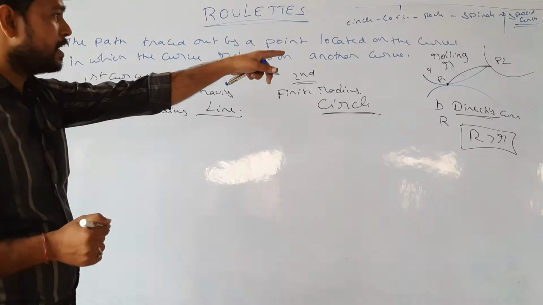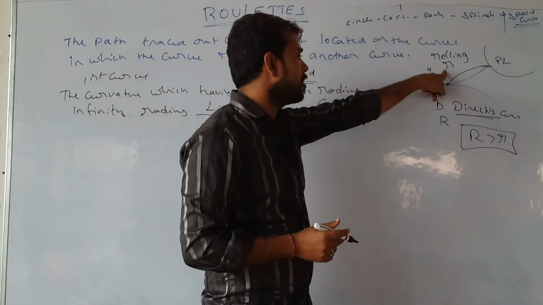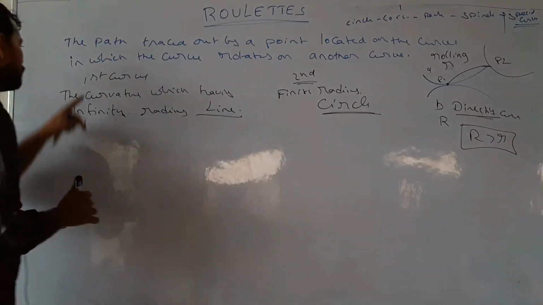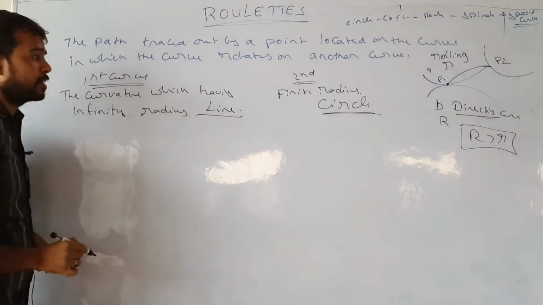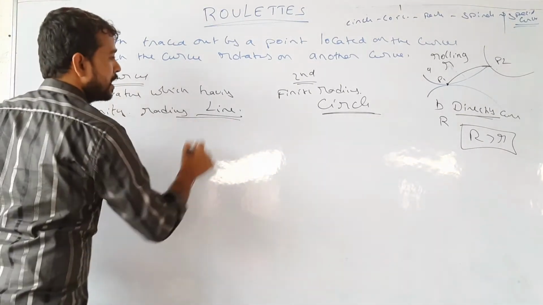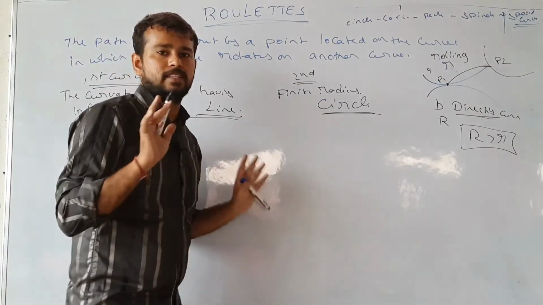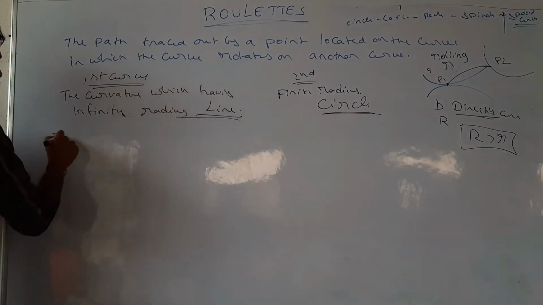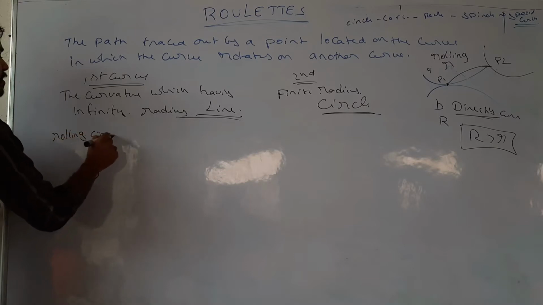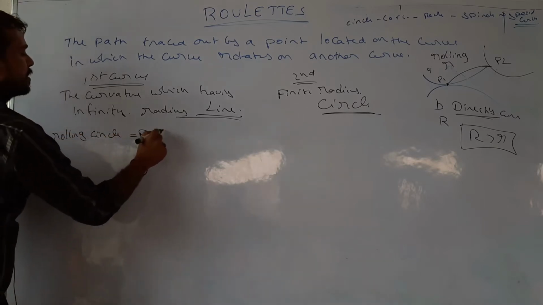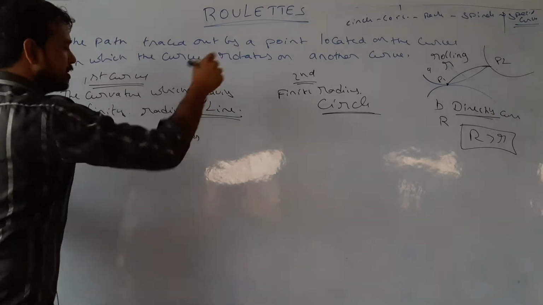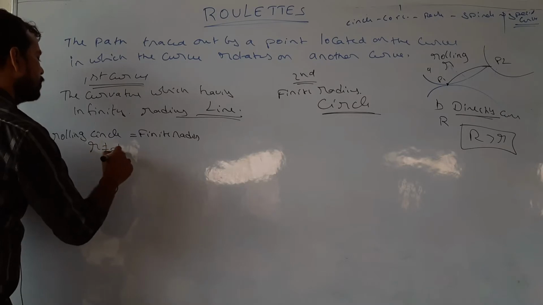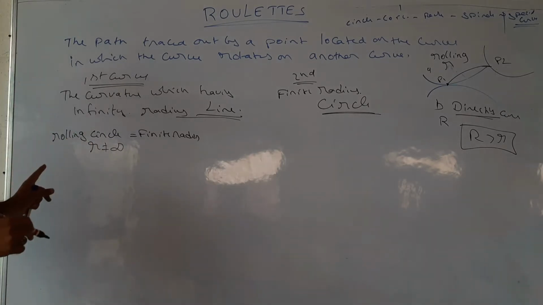So the rolling curve radius is small r and the directing curve radius is capital R. There are two possibilities for the curve: one is becoming a line and another is becoming a circle. Let us say the rolling circle has finite radius, that means small r is not equal to infinity.